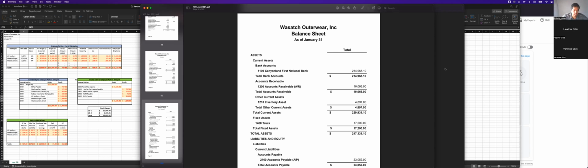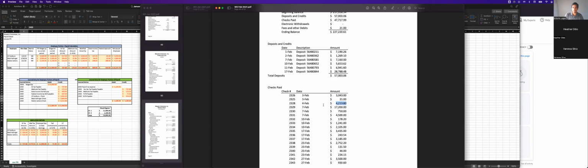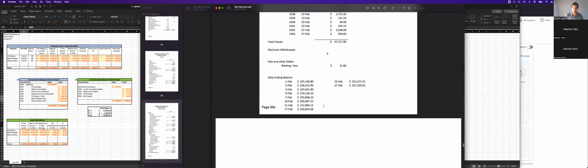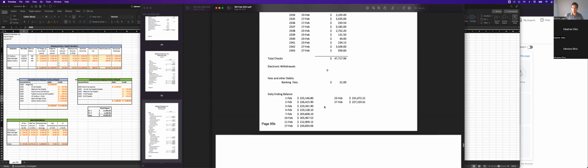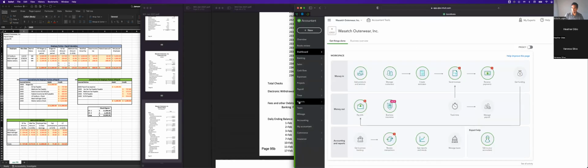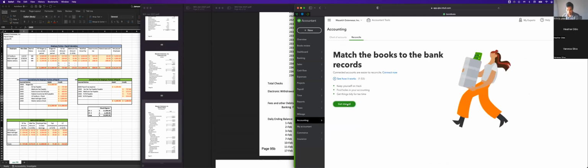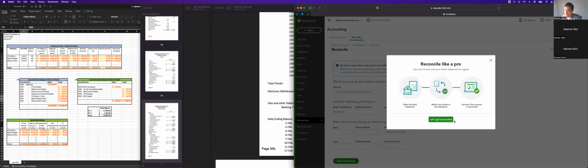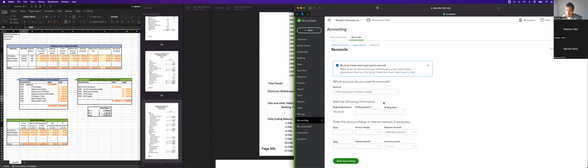There's things that could happen, but there's always a bank or cash to book difference if you're not reconciling to the bank. And that's why you're supposed to reconcile monthly in QuickBooks. So you go to accounting, reconcile, you can get started. Let's get reconciled. We have this first one.